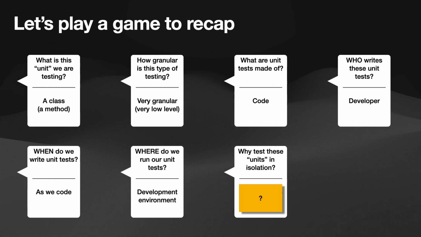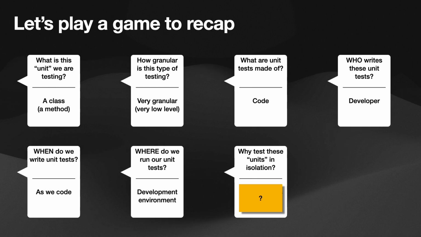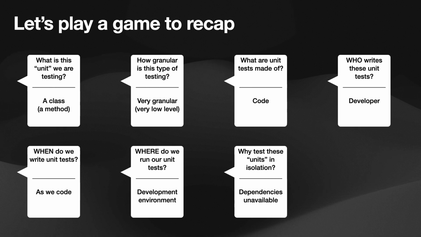Now, why test these units in isolation from their dependencies? Dependencies such as databases. For one, because in our development environment, these dependencies may not be available, are too slow to use, or too awkward to use. That database is simply not available or too cumbersome to use.